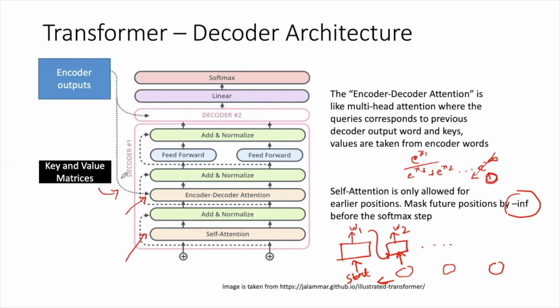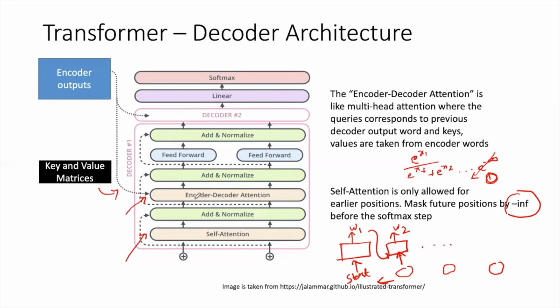Once you generate the keys and values, they are used to calculate this encoder-decoder attention. Previously, in the self-attention block, we have all the query, key and value vectors for each word in our input. Here we don't do that. We have the query vectors only for the decoder words, and the key and value vectors are from the encoder outputs.